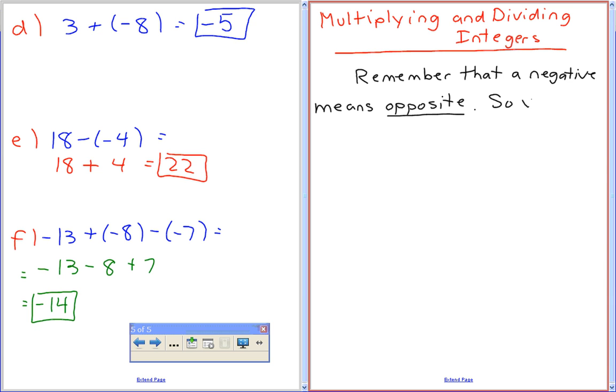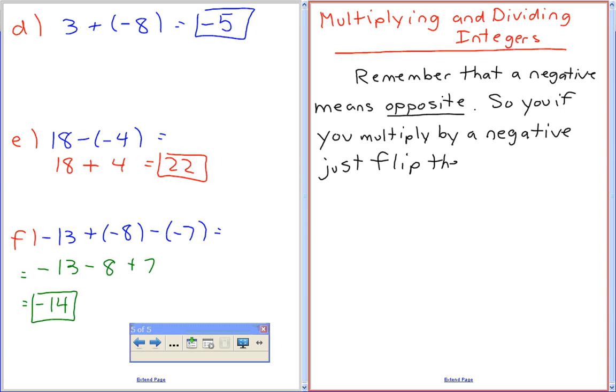So if you multiply by a negative, just flip the signs. People have all sorts of rules. A positive times a positive is a positive, a positive times a negative is a negative, a negative times a positive is a negative, and a negative times a negative is a positive. That is true. What's going to happen is when you get to higher math, you may be multiplying 3 or 4 or 18 things together, and it's not just a simple matter of 2 things. So I just want you to remember negative means opposite.